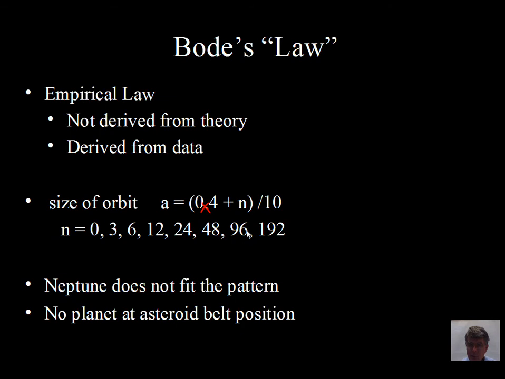But for the others, there's some interesting closeness between the predicted semi-major axis for the planet and where it's actually observed. But it is not a law, and other solar systems don't follow this pattern. Computer models that simulate solar systems don't generate this pattern. It's just an interesting mathematical historical effect.